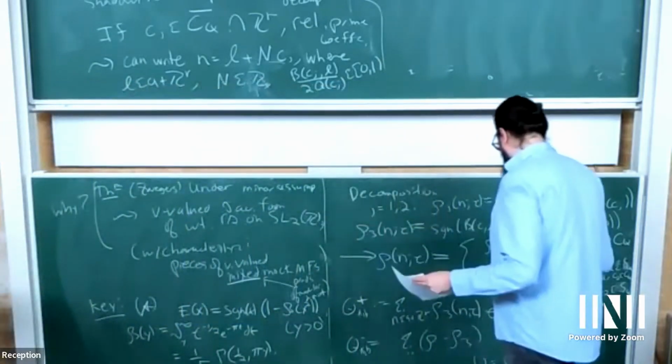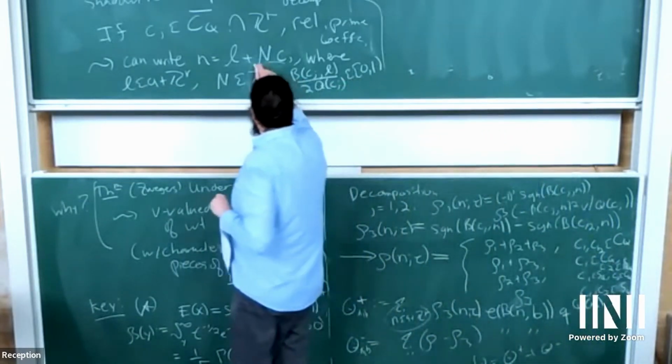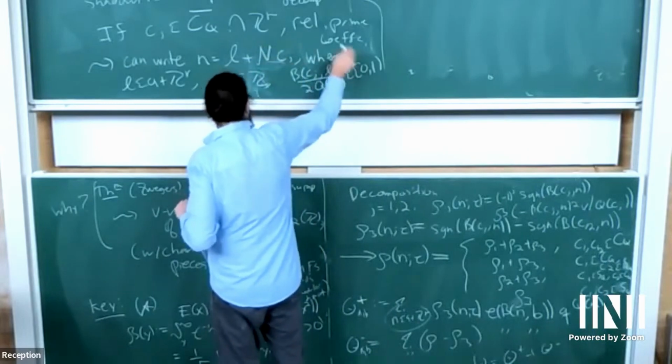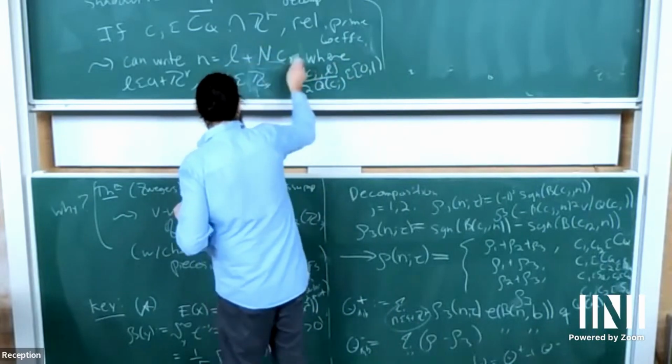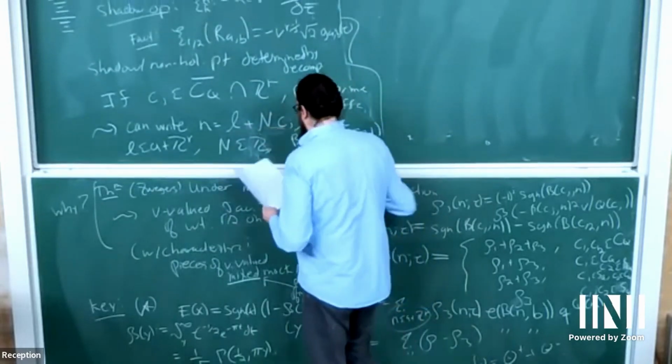So when I write these kinds of sums over n, I can renormalize and write them in decompositions like this. And then I want to decompose further.